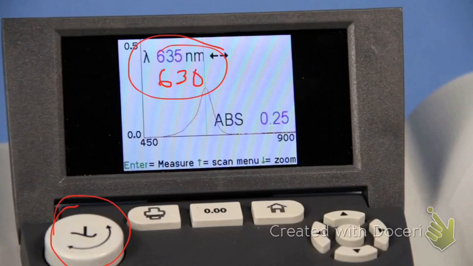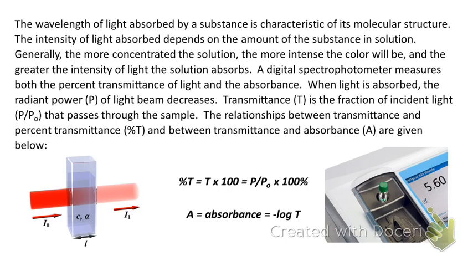Then we put our blue dye number 1 into the cuvette, put it into the spectrophotometer, and determine how much light is being absorbed by our blue dye number 1. Now, what do we read? What is the digital readout on the spectrophotometer going to tell us? That's what we're going to look at now.